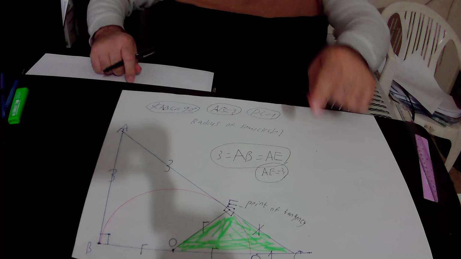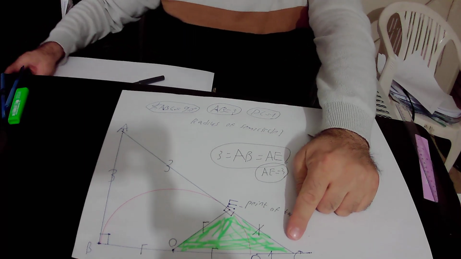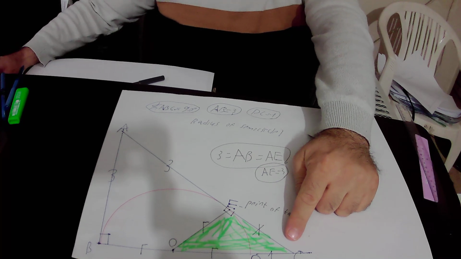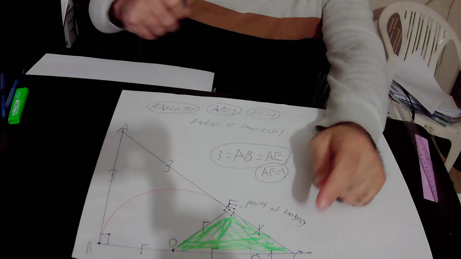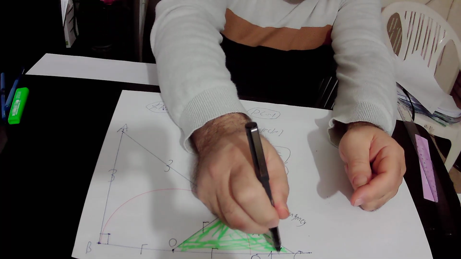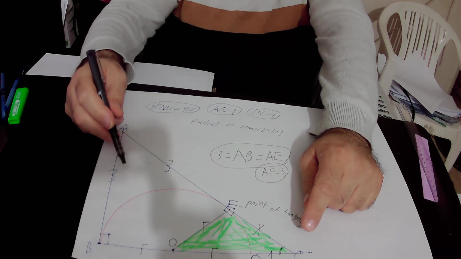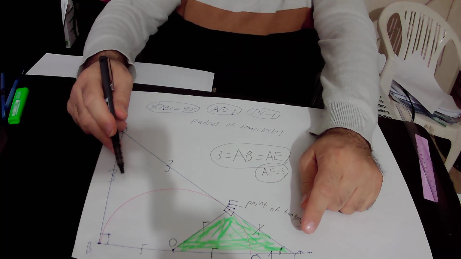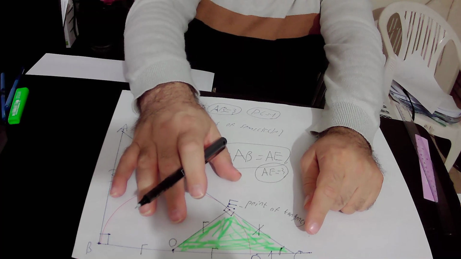And we also know that this angle is a common angle, angle C, because it belongs to both triangles. This angle C belongs to the big right triangle, triangle ABC, and it also belongs to the small green triangle, triangle OEC.